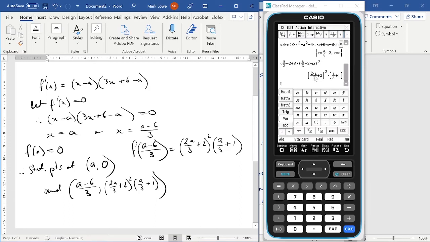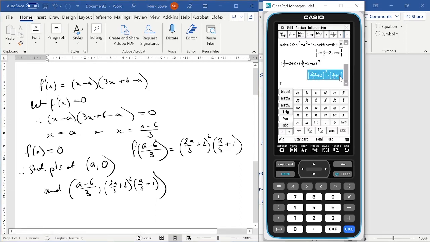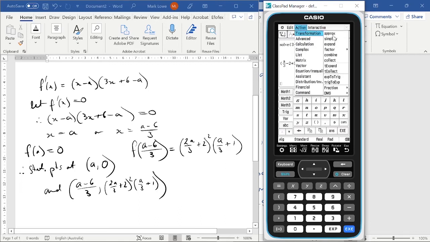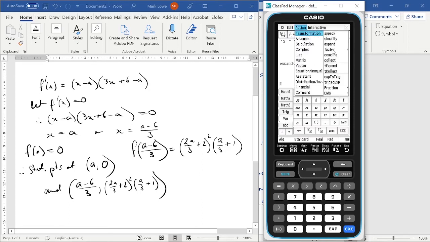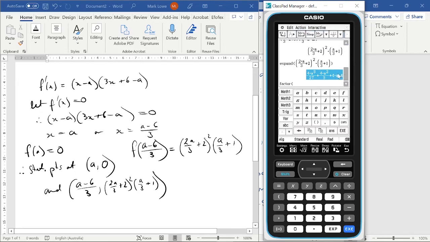Actually, I wonder whether that can be simplified. Expand. And just have to factor that again.